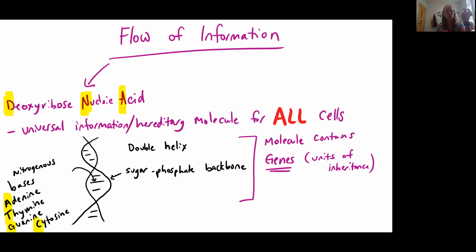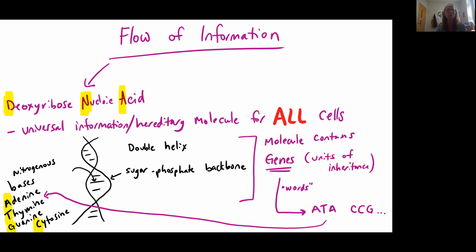Okay, now when we are looking at our DNA molecule, it is a very long molecule, and it has a functional unit in the molecule called a gene. And the gene is the part of the molecule, the sequence of DNA that tells the cell how to make the proteins. And we would consider the gene then to be the basic unit of inheritance. So when we talk about inheriting information from our parents, you are getting this genetic sequence in the form of this gene.